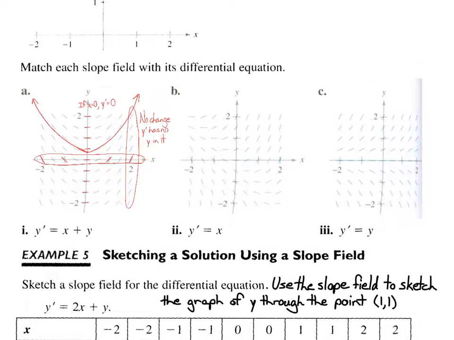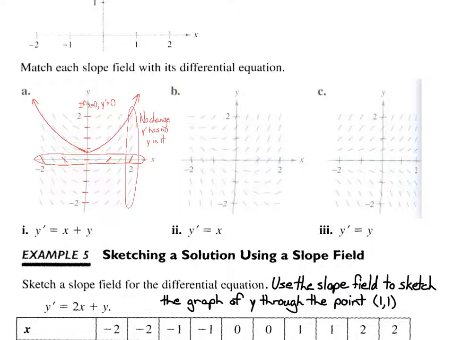Now, we have these three equations on the bottom here. Y prime is x plus y, but it's not changing as y changes, so I know this one isn't it. And I also know this third one isn't it, because that has a y in the equation and it doesn't have an x.